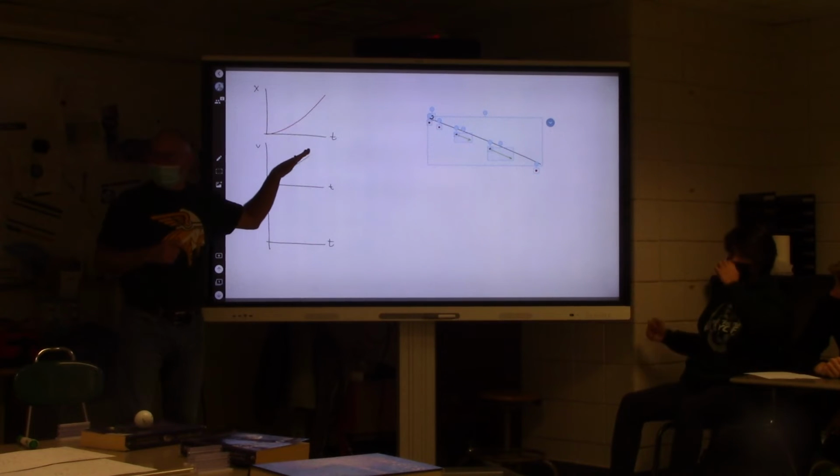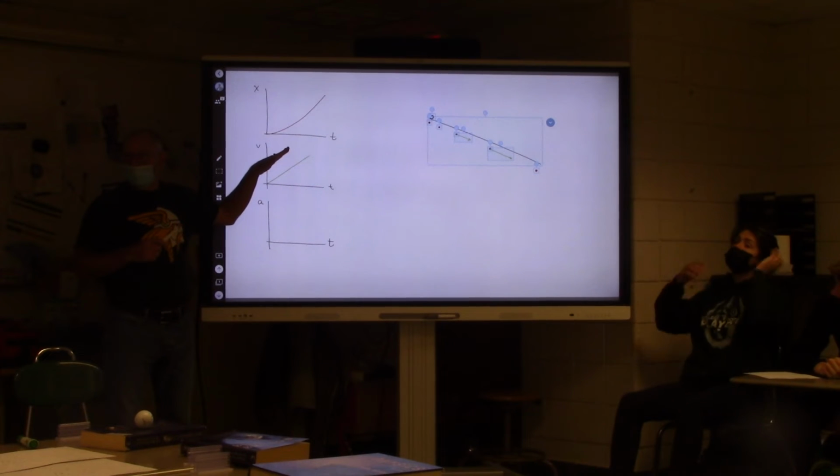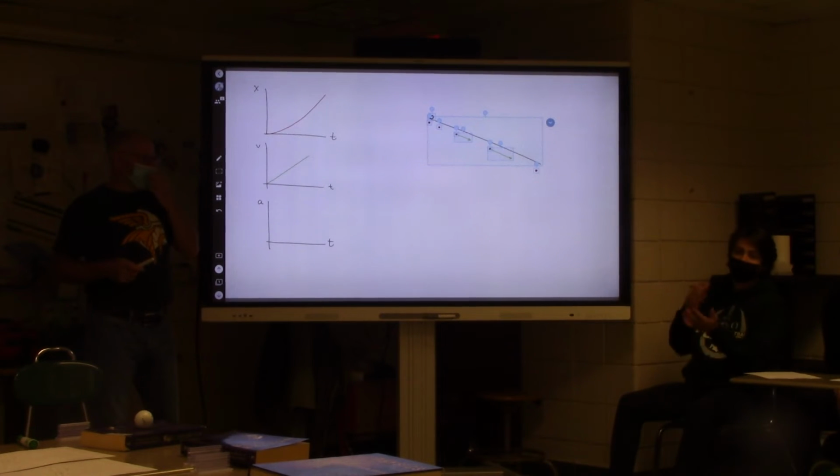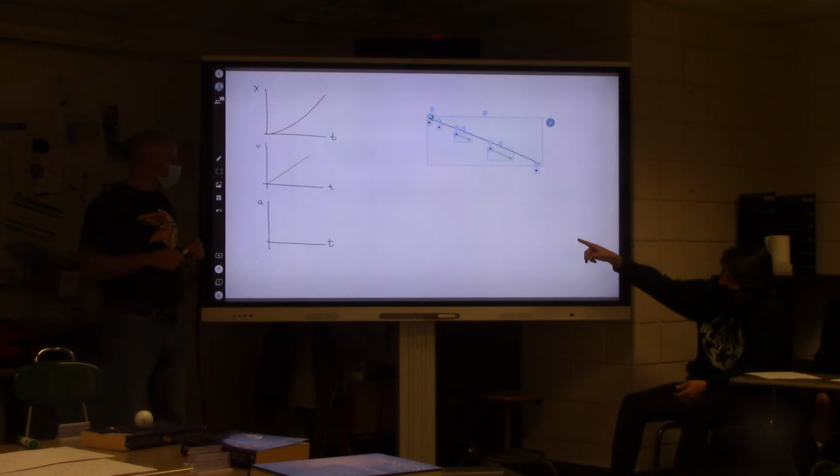But this is a straight line. It's also known as time. It's a line with zeros. Because acceleration, and you can put like that, and that's linear.